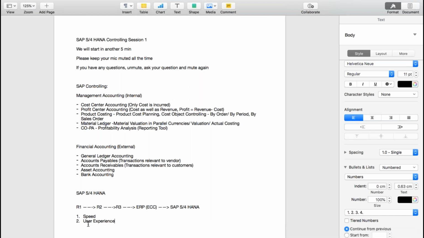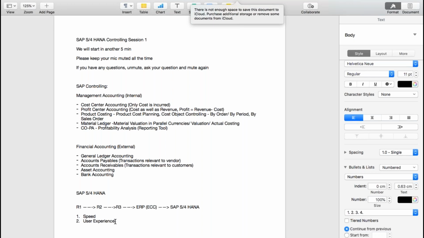User experience means the way in which you are executing the transactions is very old, right? And customers are expecting to be able to do the transactions from their mobile device itself. That is the reason the second thing they improved in SAP S4 HANA is the user experience.